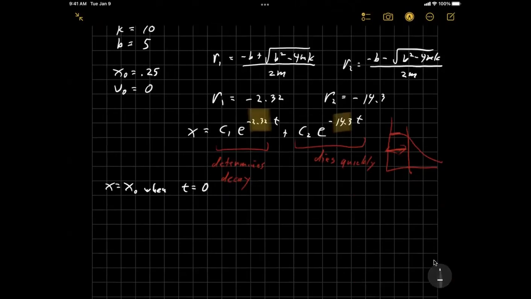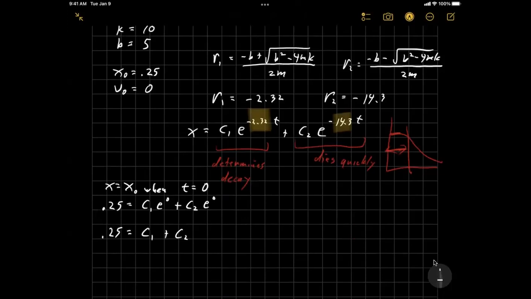If we put that in, we know that x naught in this case is 0.25, which is equal to C1 e to the 0 at time 0 plus C2 e to the 0 as well. At the initial time, those will both be 1s. And so 0.25 has to be the sum of the coefficients.